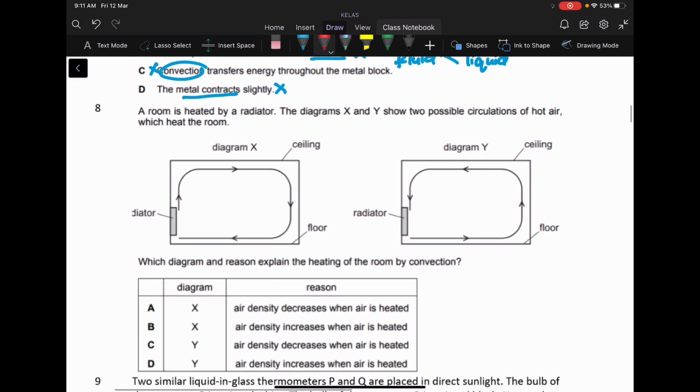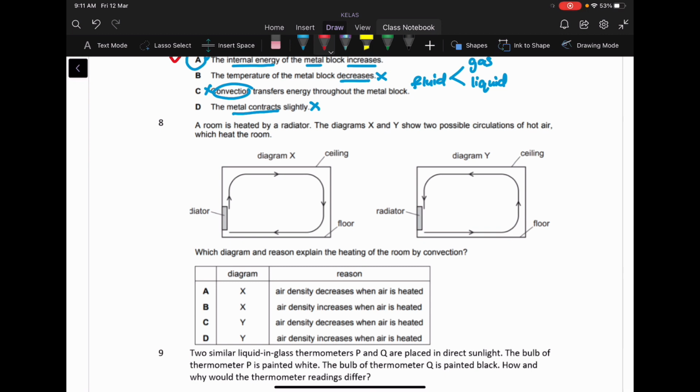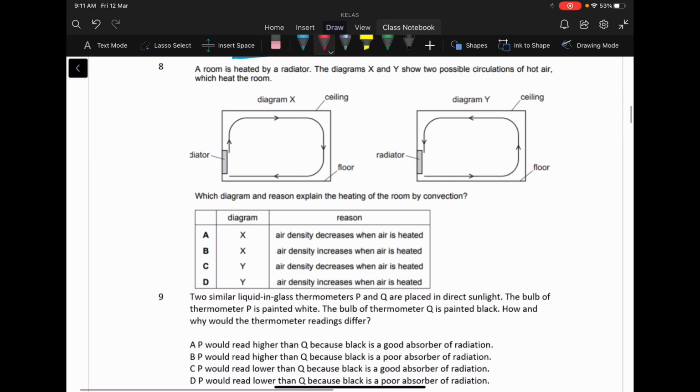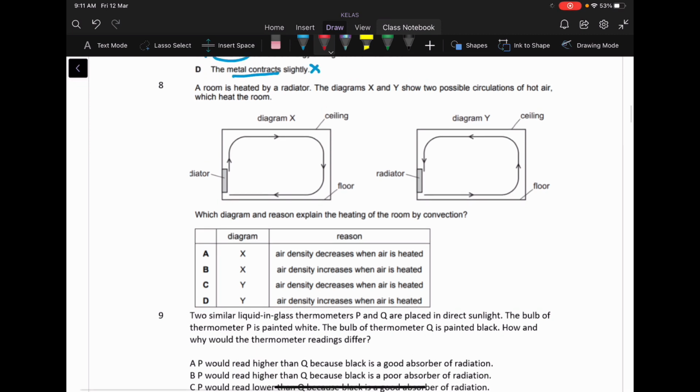Okay, this is quite similar to the one that you have, but now this is a radiator. A room is heated by a radiator. The diagrams X and Y show two possible circulations of hot air which heat the room. So these are rooms. Okay, radiator, diagram X. What's the difference? The difference we can see, ceiling, floor.